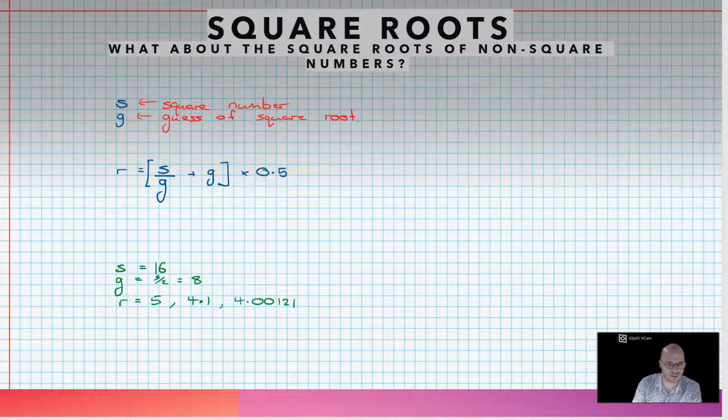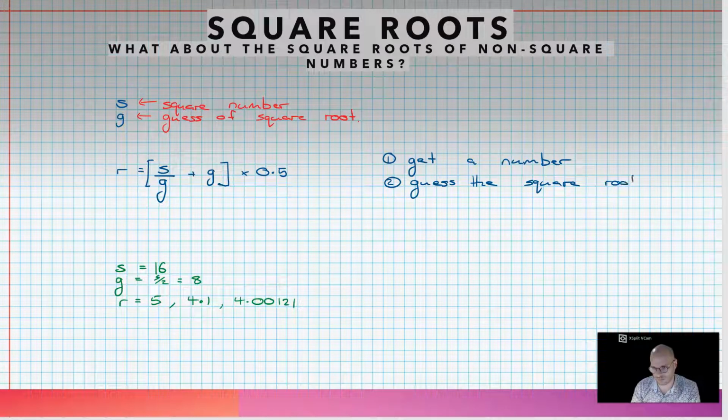So breaking this down into step-by-step instructions, we need to get a number, take a guess, so guess the square root, run through the algorithm, and repeat until we're happy.